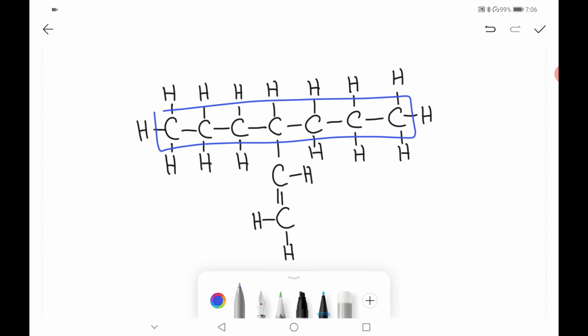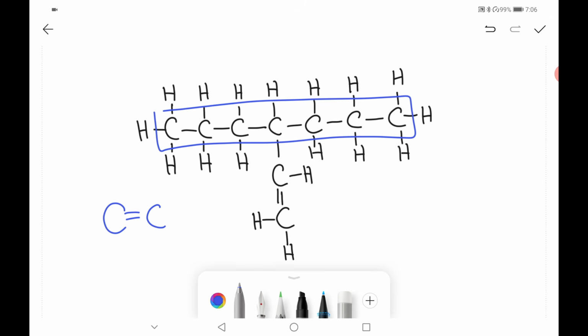This is wrong. Why? Although this one has 7 carbon, you can see that the double bond, the functional group, the carbon-carbon double bond, the sex organ, is not inside the longest carbon backbone. Cannot. You must make sure that the longest carbon backbone must contain the carbon-carbon double bond.